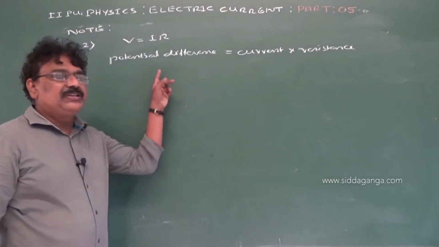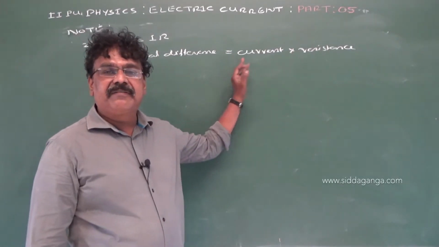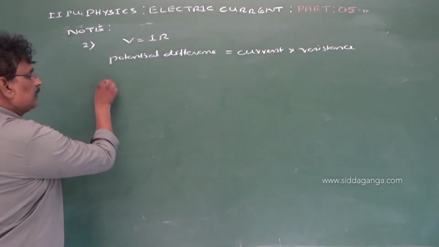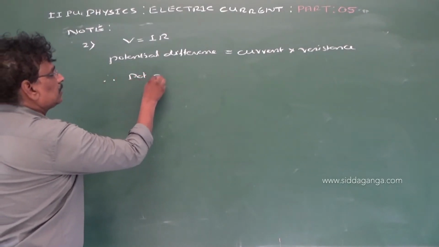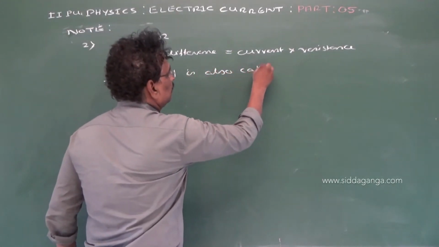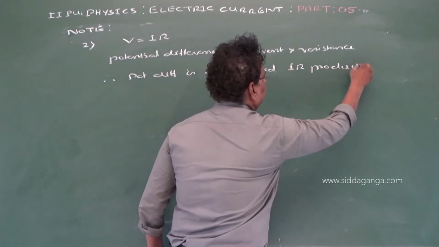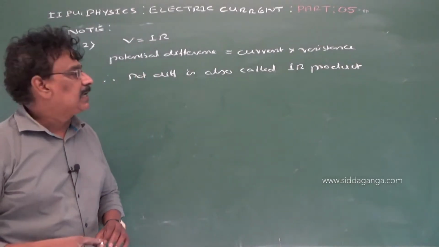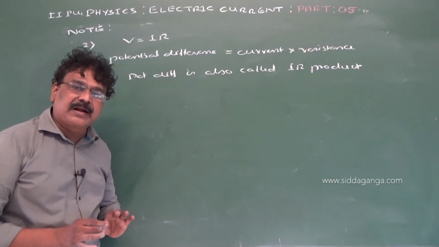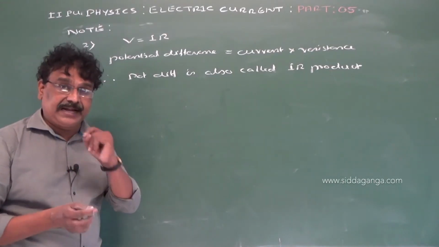So potential difference across a conductor is equal to the product of current and resistance in the conductor, right? Therefore potential difference is also called IR product. Actually this term IR product we are going to use in Kirchhoff's laws of electrical network.